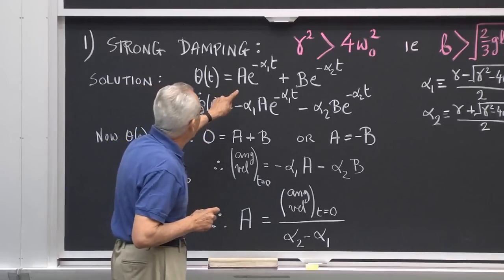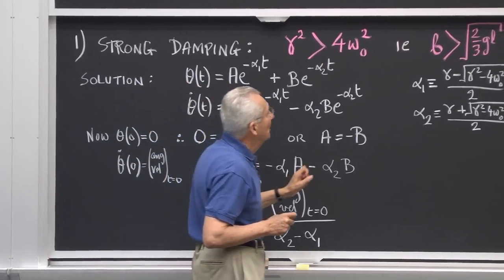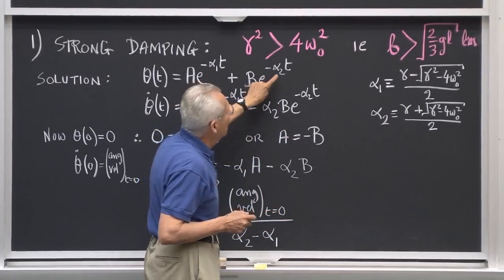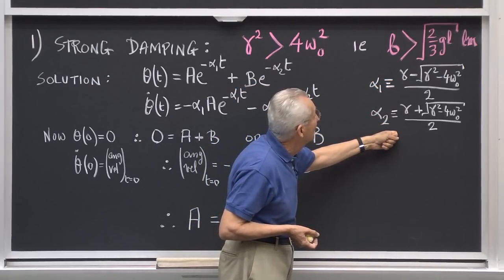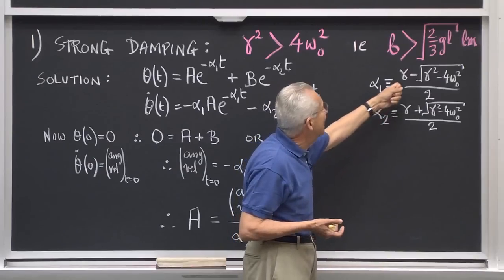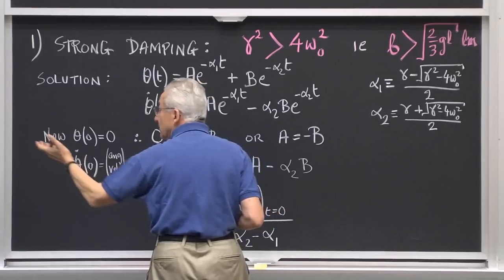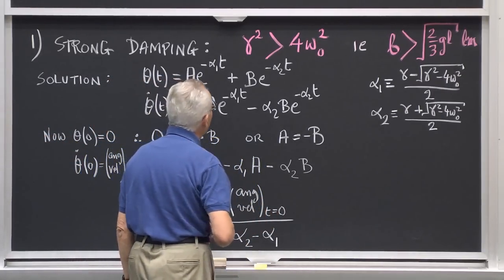Now, note this is a solution of that equation where the alpha 1 and alpha 2 are defined here. It's all defined in known quantities. Gamma and omega 0 are known quantities for any specific problem, in particular for the one we are solving. All right?